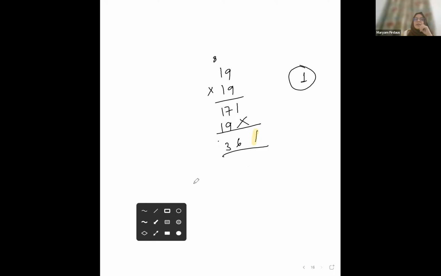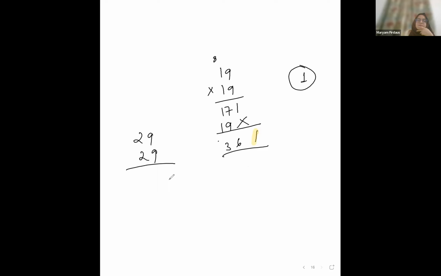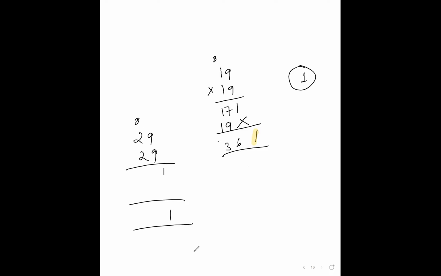Now do one thing. Multiply 29 by 29. 841. So again, the last digit is 1.